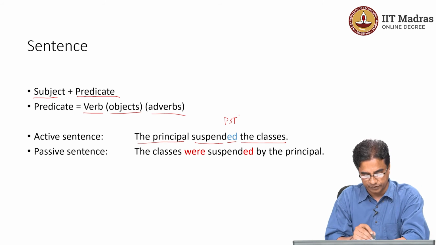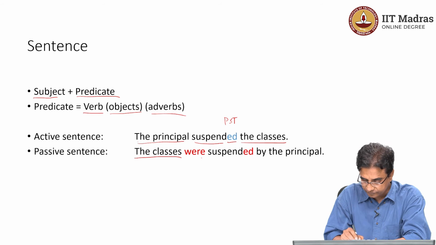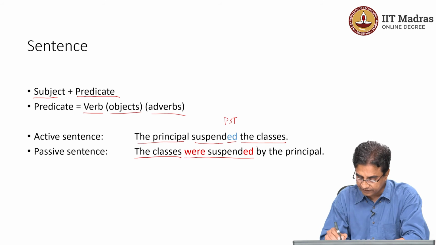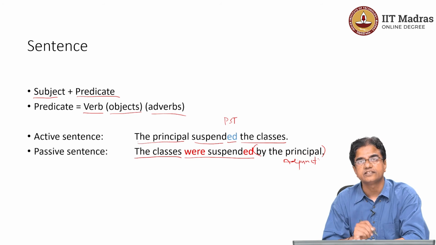In the passive counterpart, this is the subject and this is the passive predicate. We can say "by the principal," but this is an adjunct. Not needed.